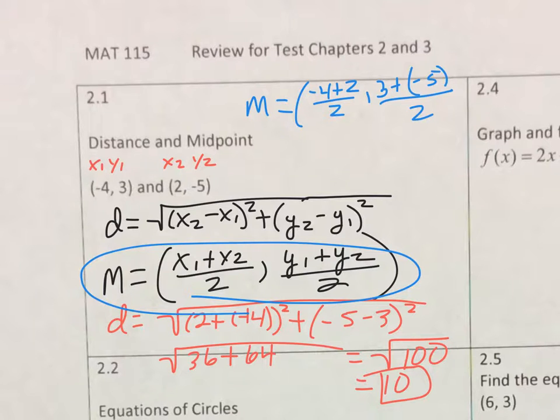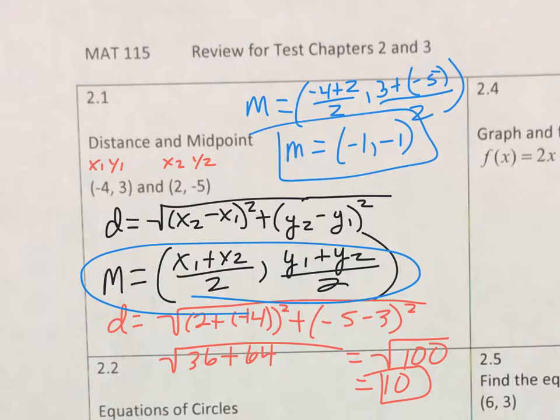And of course, both of those are negative 2 over 2, which is negative 1 and negative 1. So make sure you know how to find distance and midpoint.